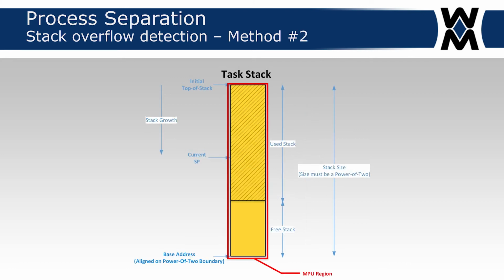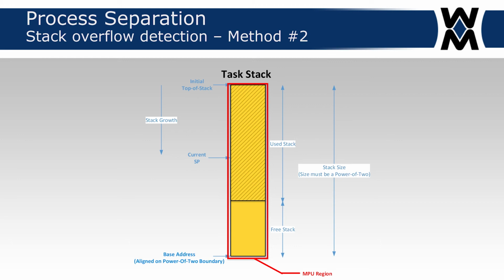Okay, so the other method is to wrap around the whole stack with an MPU region. On the Cortex-M processor, the problem with that is that it requires that you make the size of your stack a power of 2, so 32, 64, 128, 256, and so on.